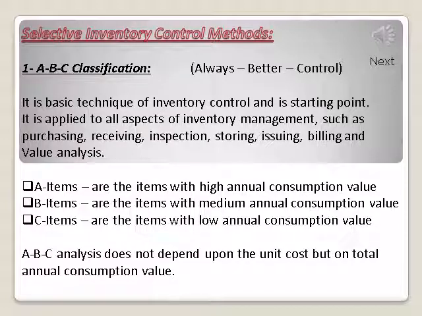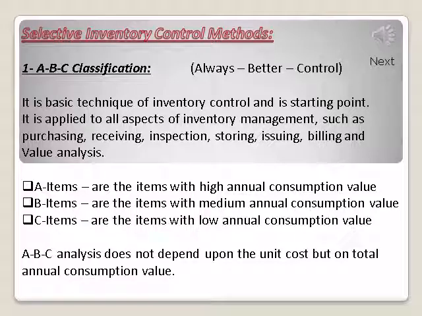This is one of the most popular classification systems for inventories. This ABC classification is based on the annual consumption value. What is a consumption value? It is the value of the items that are used.